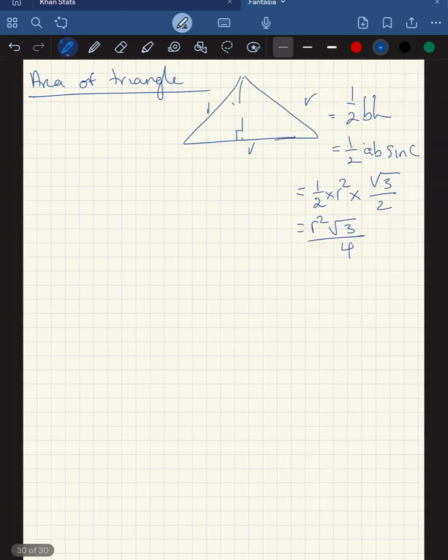Like I said, we double our sector. So that's going to be 2 pi r squared over 6 minus r squared root 3 over 4.